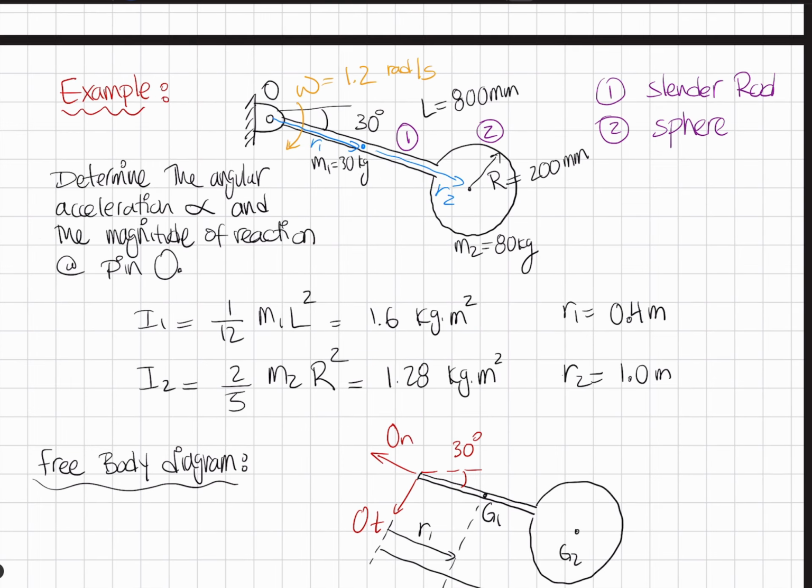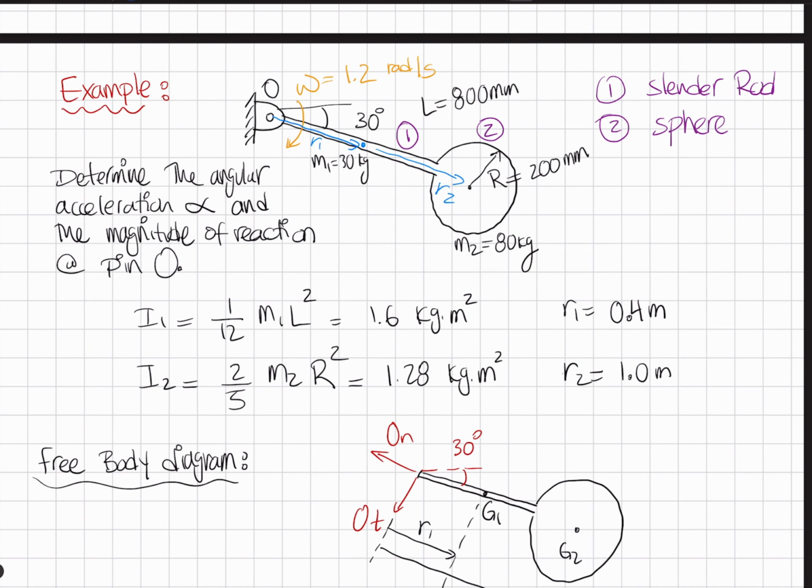Omega is given to us as a clockwise rotation, right? So you're rotating this composite body in a clockwise direction. How do you expect the forces to be reacting?